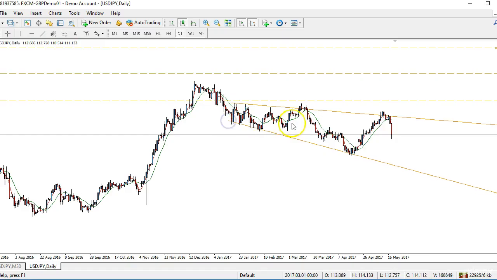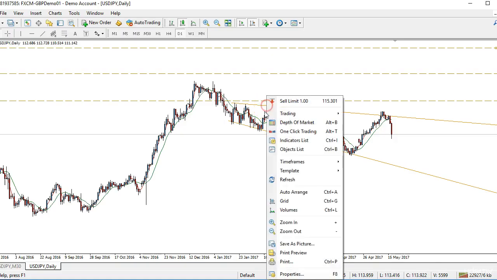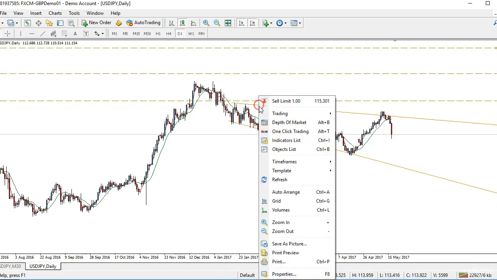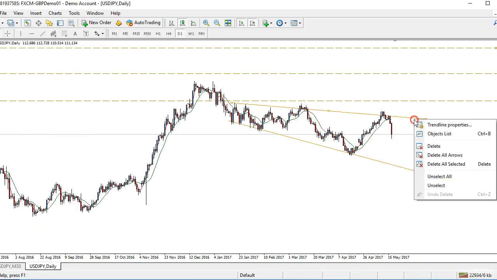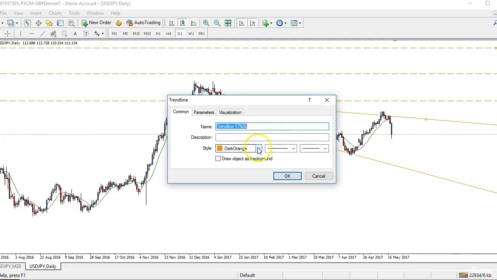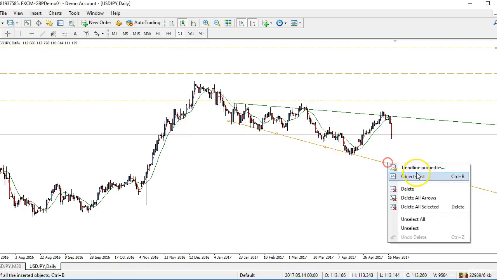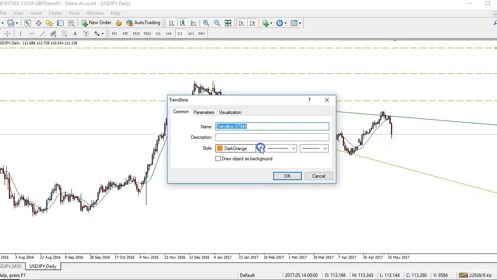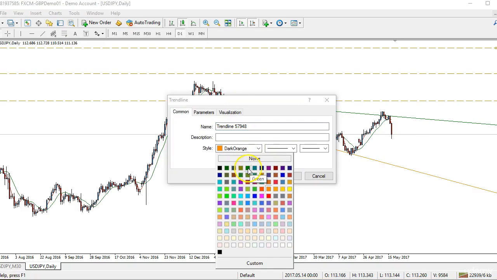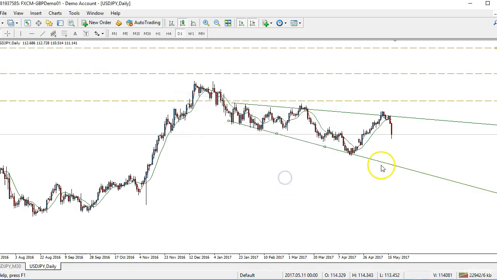And what I do is I colour the lines different colours so that I know the difference at a glance between what is a daily line, what is a monthly line, what is a 30-minute line, and I can see it all on one chart and it's very clear. So these are now my daily lines. Okay, so this is the area that we're interested in.